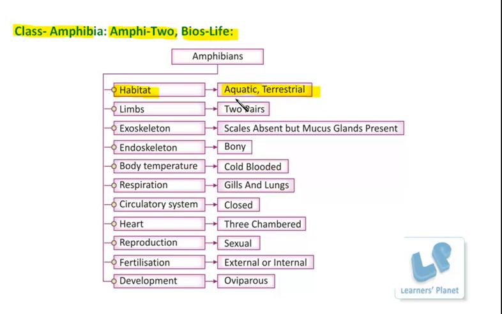Regarding the aquatic system, that means the water region, usually these organisms occur in fresh water, or they live in moist places, and usually they are absent in the marine region. This is generally true for these amphibians. And of course, when we discuss the terrestrial region, they are definitely found on the land also.